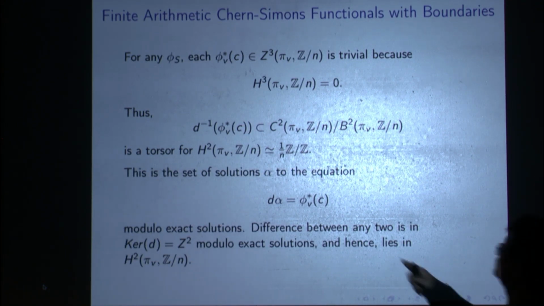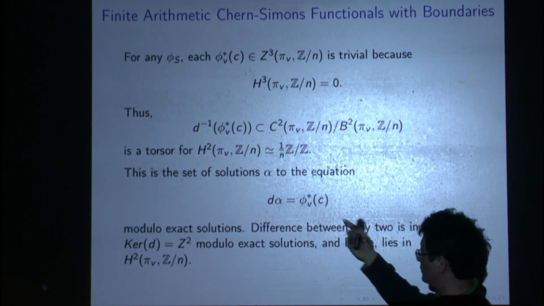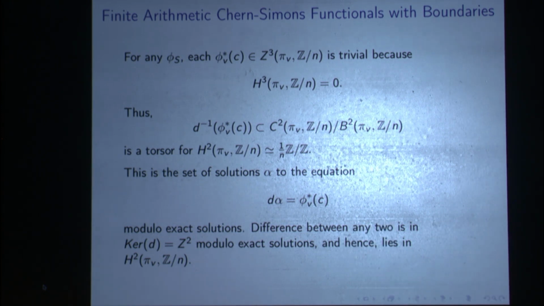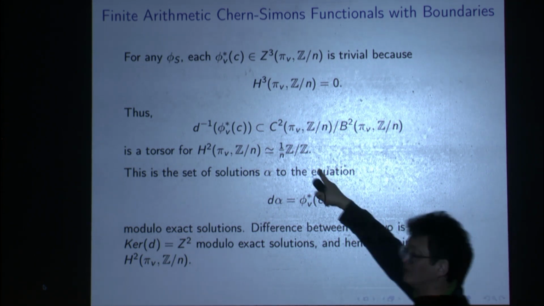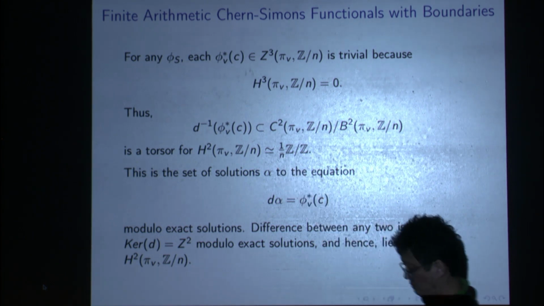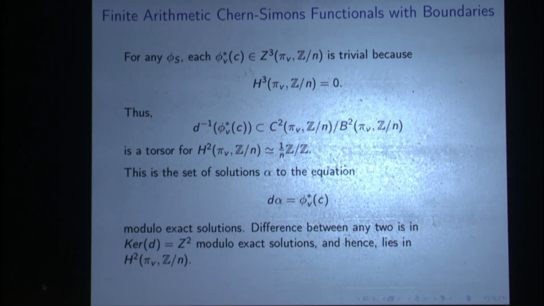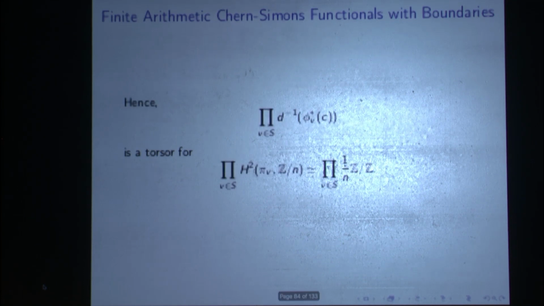We're looking at the solutions to these equations. You think of it as kind of like differential equations, modulo exact solutions, and the difference between any two lies inside the kernel of the mod exact solution. So that's a class in H2. And remember, this was supposed to be 1/n Z mod Z. So these are numbers, and that happens at each v.